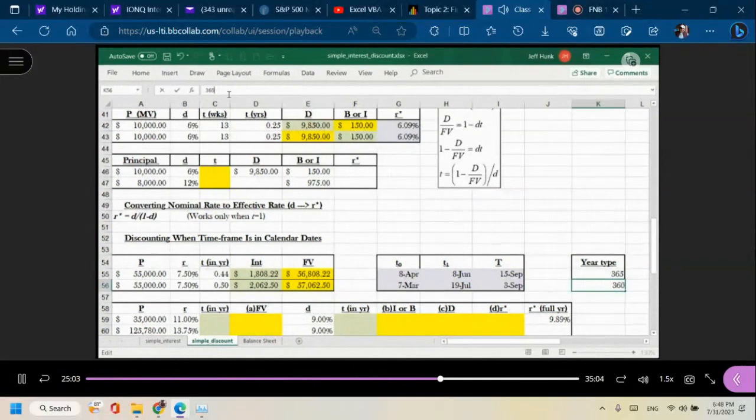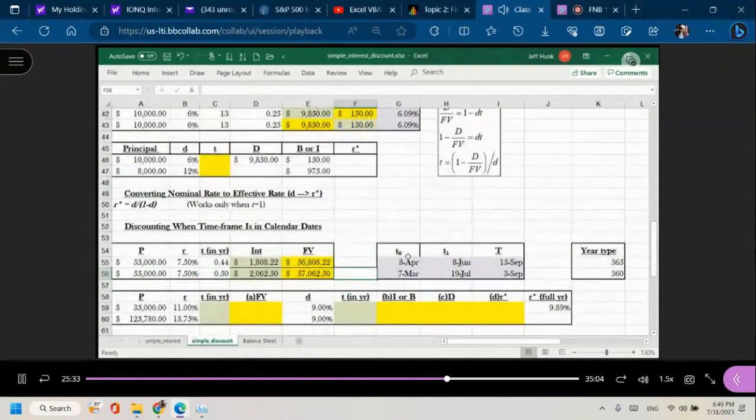Now think about it. This is exact interest here. The second problem uses ordinary interest, right? First problem, exact interest here.